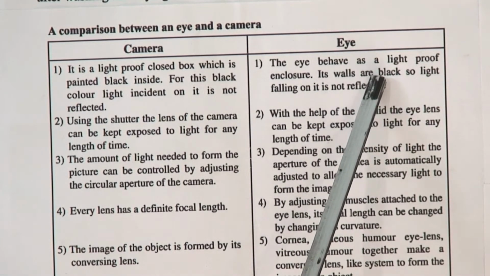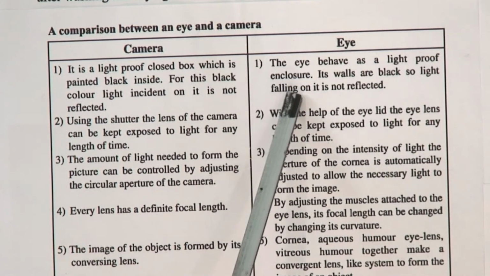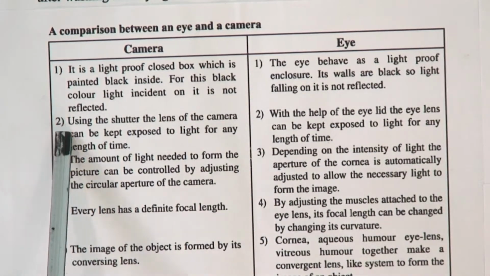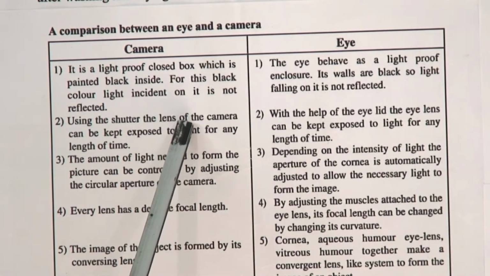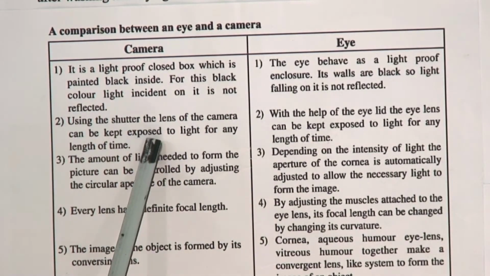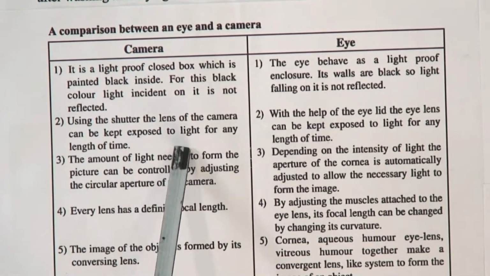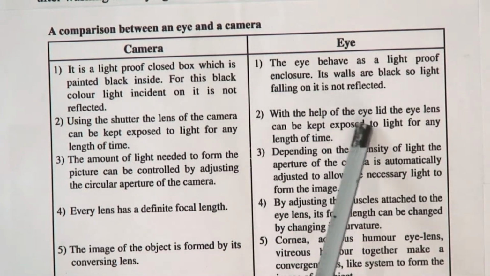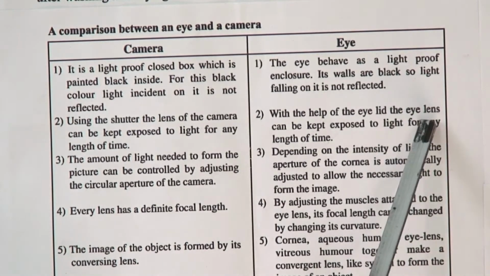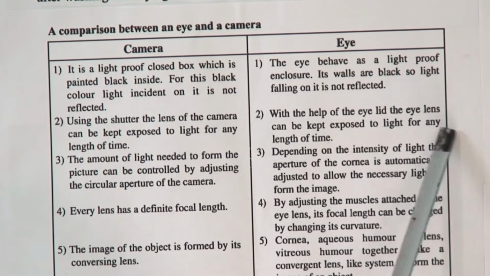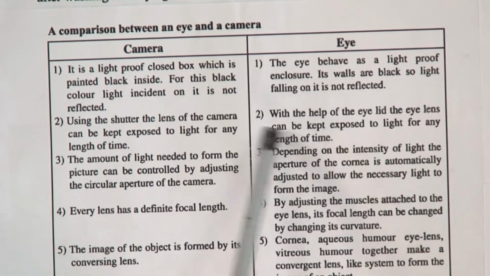Its walls are black, so light falling on it is not reflected. Second one, using the shutter and lens, the camera can be kept exposed to light for any length of time. With the help of the eyelid, the eye lens can be kept exposed to light for any length of time.